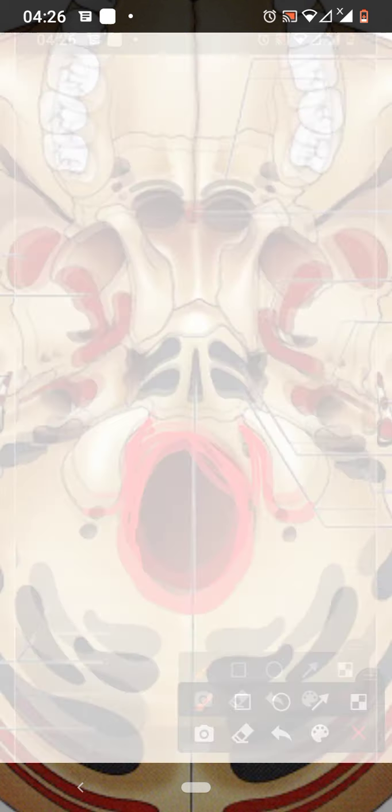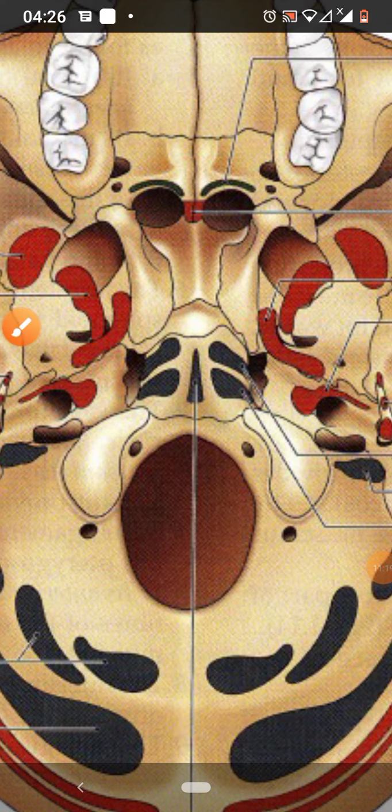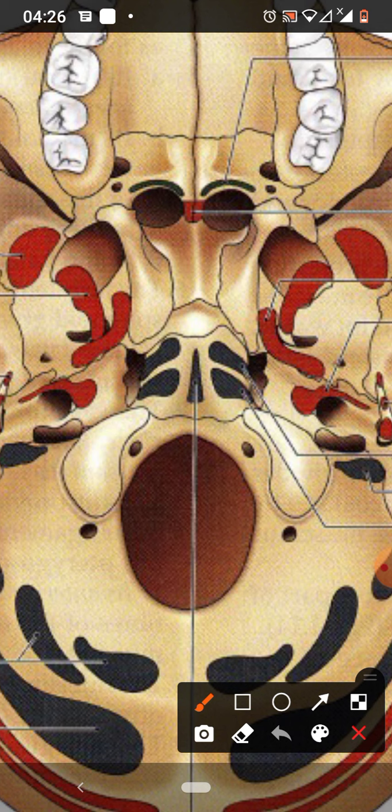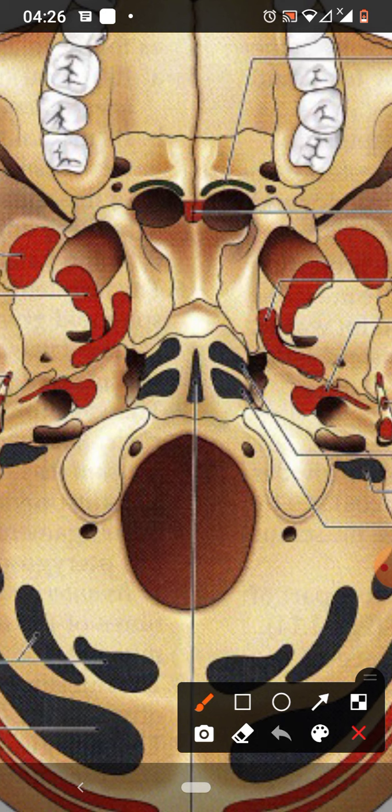Now I will show the external occipital protuberance. I can point it out over here where I am pointing.